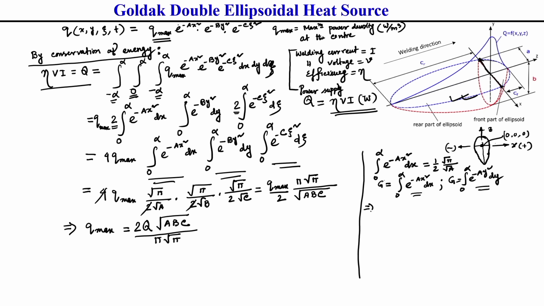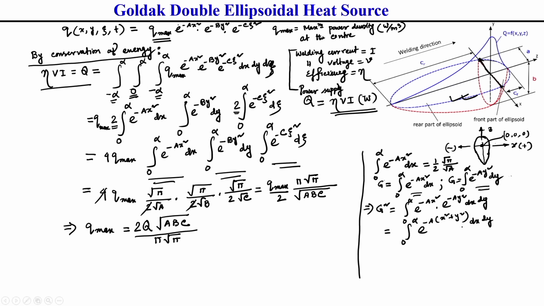So, from here, G square you can write as the integration of 0 to infinity, multiplying these two, e to the power minus a x square into integration of e to the power minus a y square dx dy, correct. So, this we can write as integration of 0 to infinity e to the power minus a into x square plus y square dx dy.